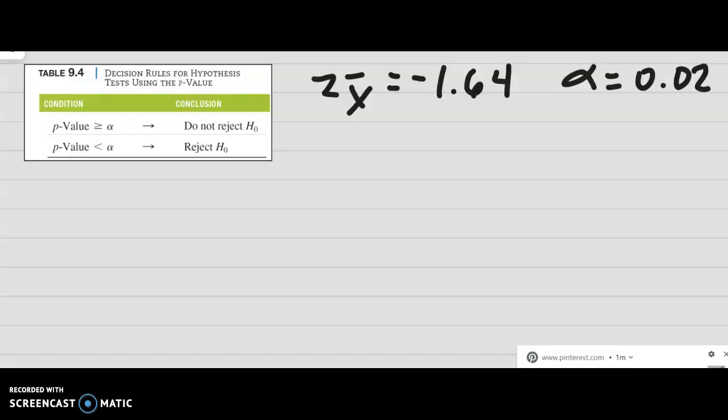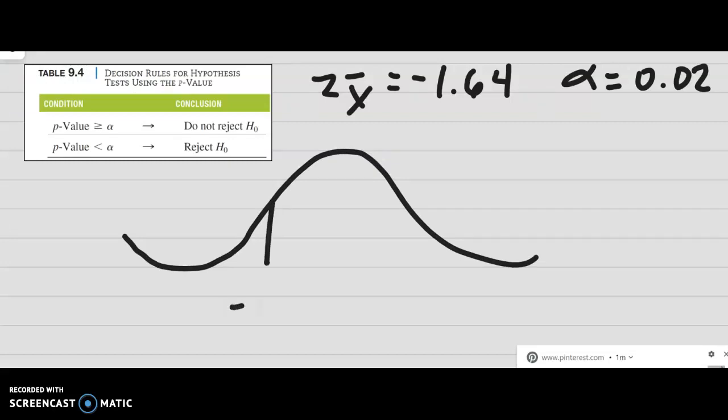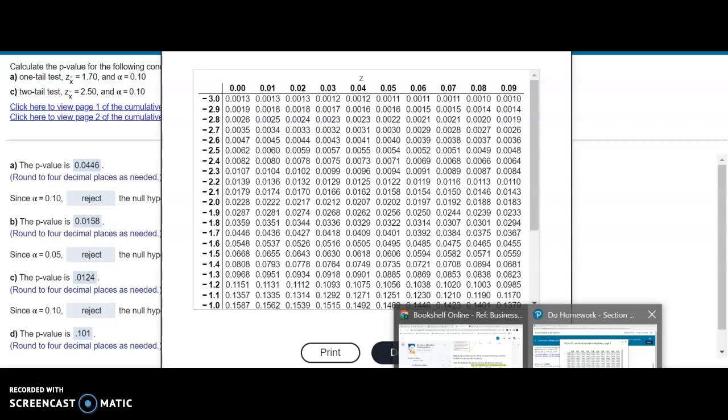Now, when we're using the p-value compared to alpha, if you're given a negative value for your test statistic, you don't have to say 1 minus. Whatever's on the table is your p-value. But if you're given a positive value for your test statistic, you have to do 1 minus what's on the table. So that's a quick way to help you remember when to subtract and when not.